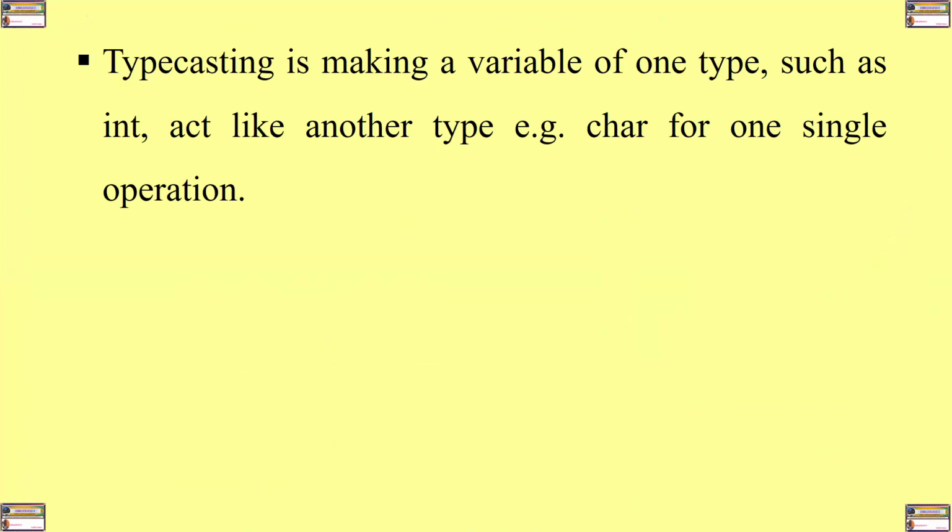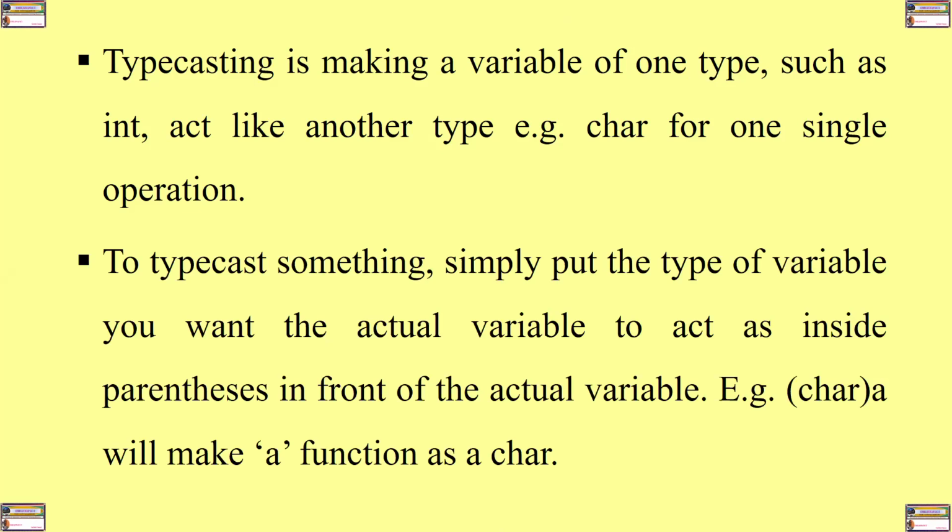Typecasting is making a variable of one type, such as int, act like another type, for example, char, for one single operation. To typecast something simply means that you put the type that you want the actual variable to act as inside parentheses in front of the actual variable.